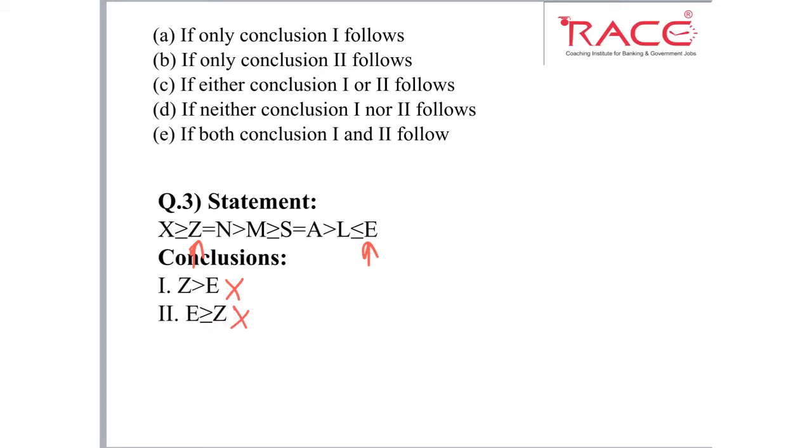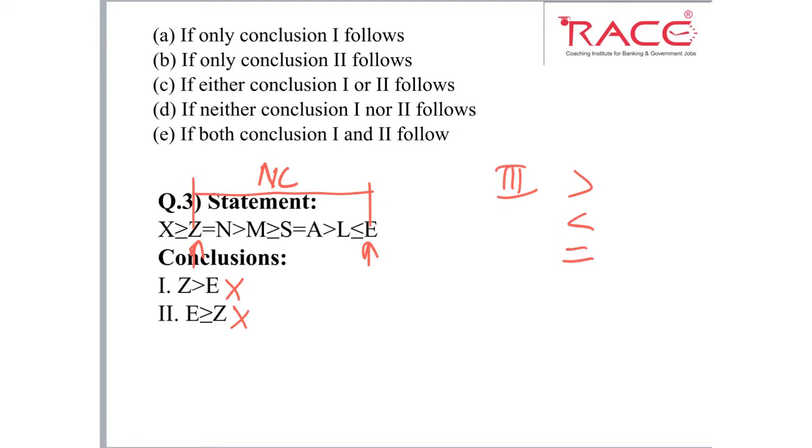Now the third condition. According to the third condition, if in the statement between those two elements which are given in the conclusion we have no relation, all the signs must be present between those two elements.